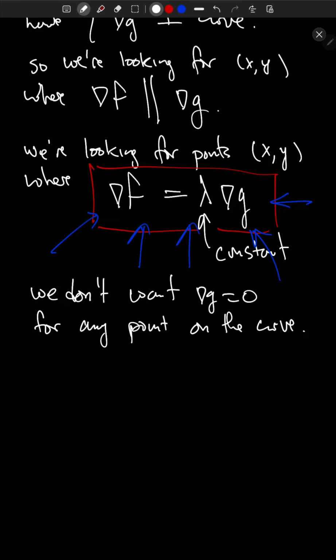Because if gradient g is equal to 0 for a point on the curve, then it's going to completely mess up this equation, because the right-hand side is going to be 0. Which means that at that particular point, we're only considering where gradient f is 0, where we actually have a full critical point, which is not what we're looking for. Again, we only care about the direction tangent to the curve.